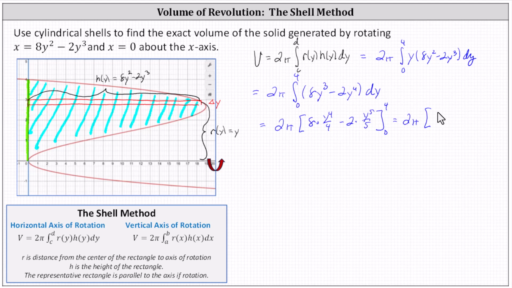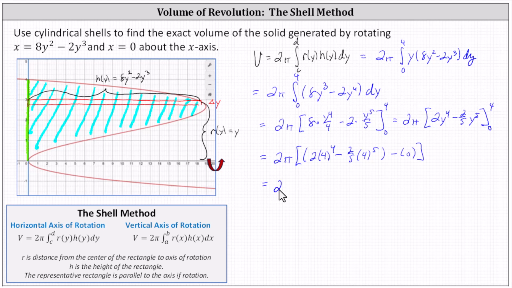We have 2y to the fourth minus 2/5 y to the fifth. And now we determine 2 pi times the difference of big F of 4 and big F of 0. Big F of 4 is equal to 2 times 4 to the fourth minus 2/5 times 4 to the fifth. And then, of course, big F of 0 is simply 0.